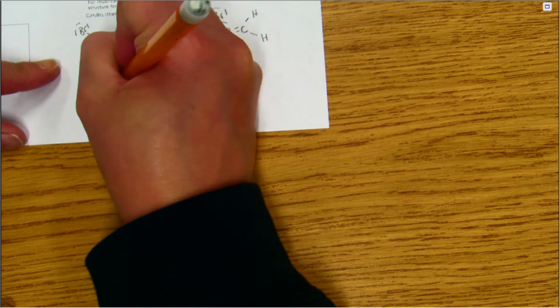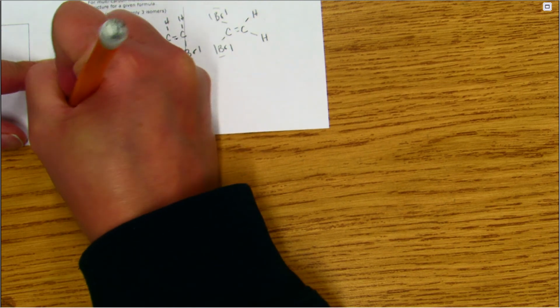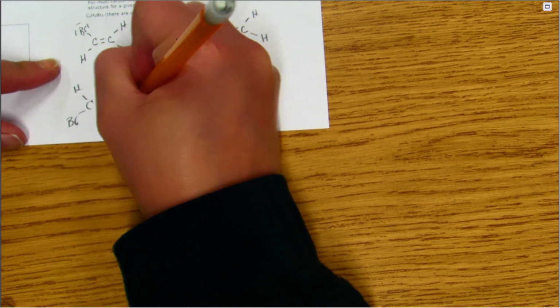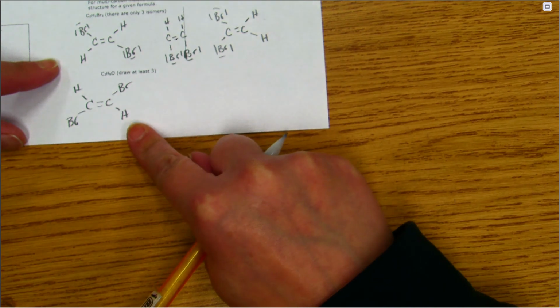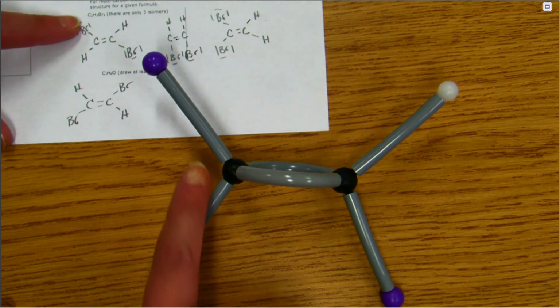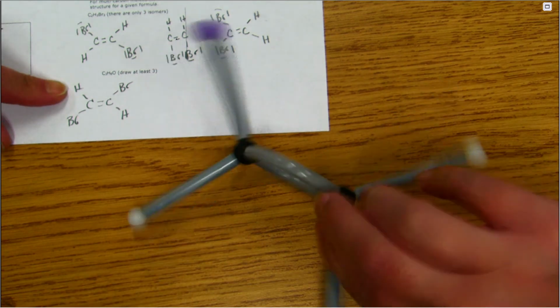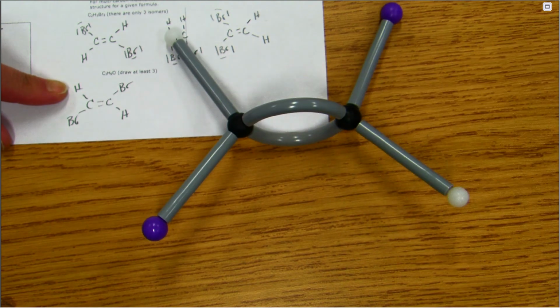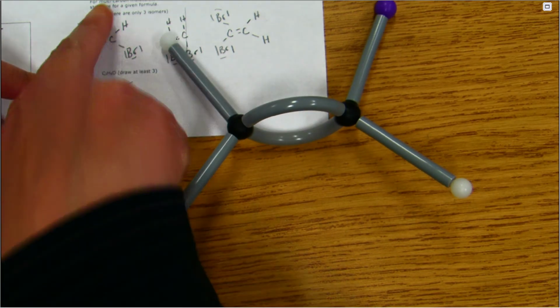So this C, Br, Br, H, H. This is the exact same thing as this. If Br is the purple and H is the white, check it out. Br, now let me just do one more time. All I did was flip it. I did not break any bonds. So these are not isomers.